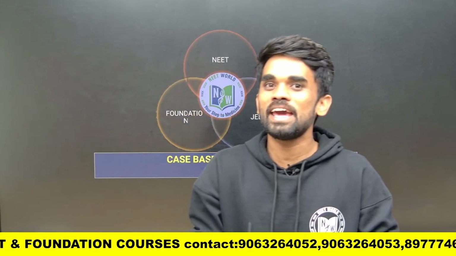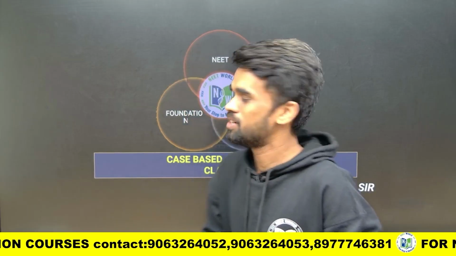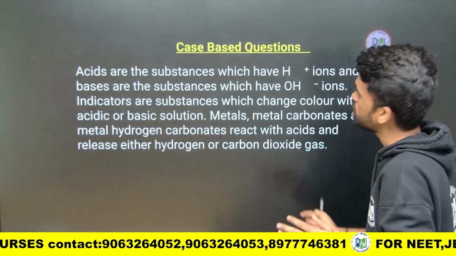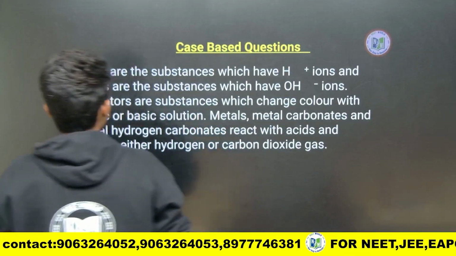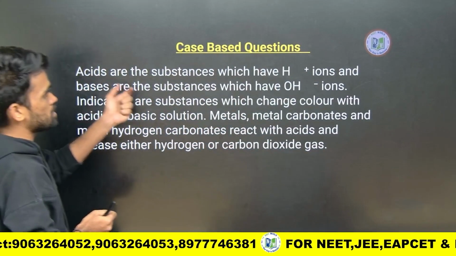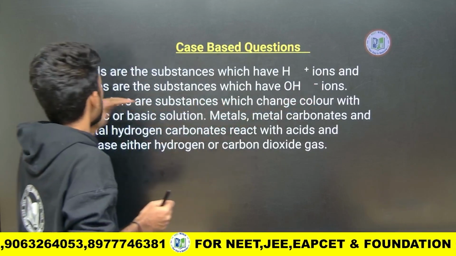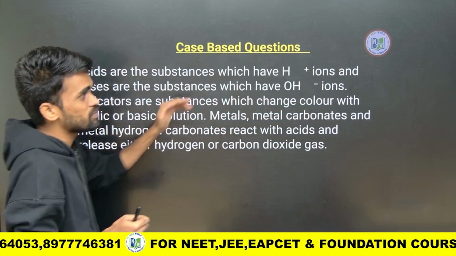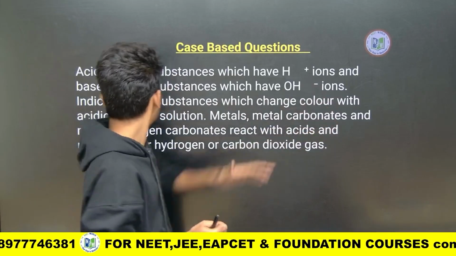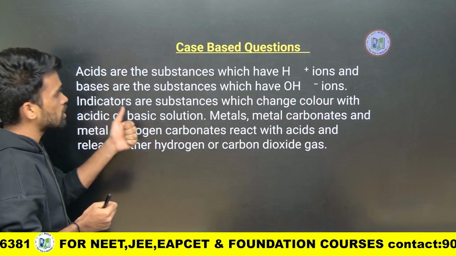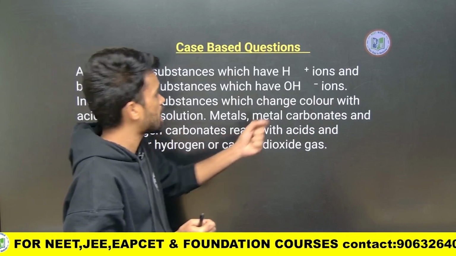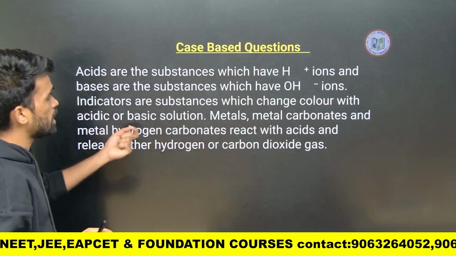Let us see one case based question from acids, bases and salts chapter. Let us read the paragraph first. Acids are substances which have H plus ions and bases are substances which have OH minus ions. Indicators are those substances which change color with acidic or basic solutions.